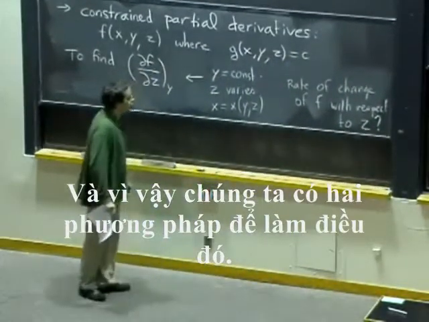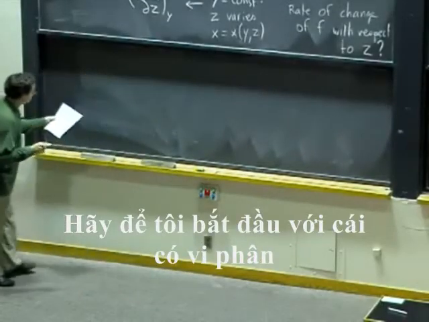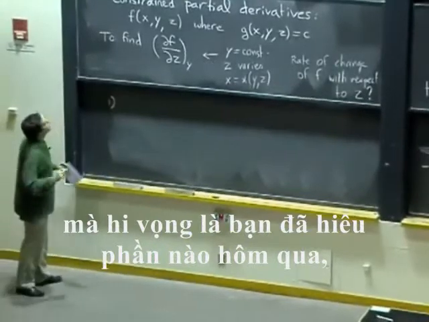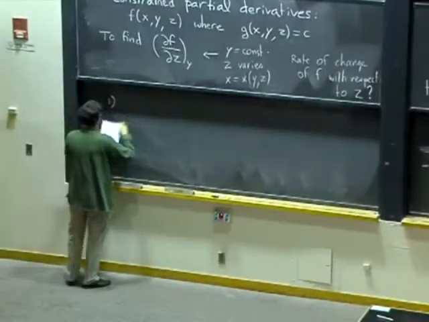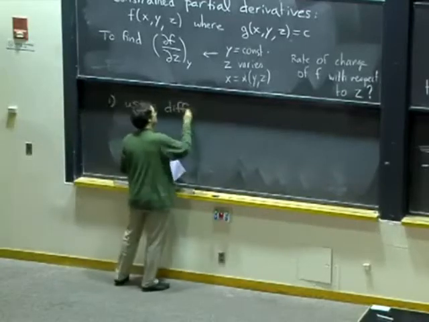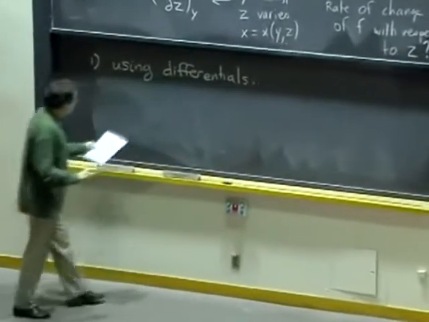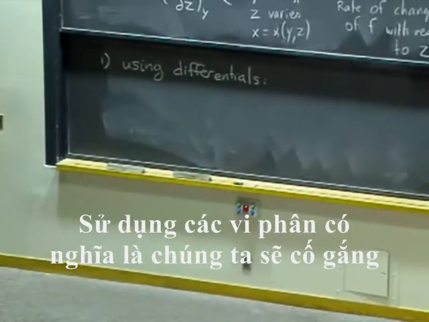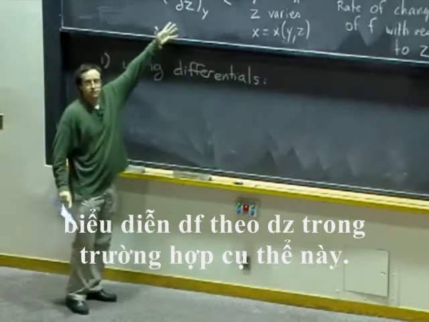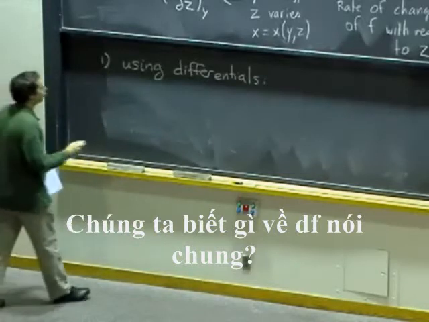And so we have two methods to do that. So let me start with the one with differentials, which hopefully you kind of understood yesterday, but if not, here's the second chance. So using differentials means that we'll try to express df in terms of dz in this particular situation. So what do we know about df in general?